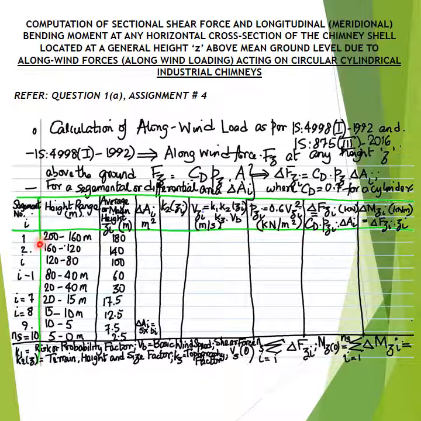Thus, the subranges of the height considered above the gradient height of 20 meters are 20 to 40 meters, 40 to 80 meters, 80 to 120 meters, 120 to 160 meters, and 160 to 200 meters, which is the maximum height at the top of the industrial chimney.